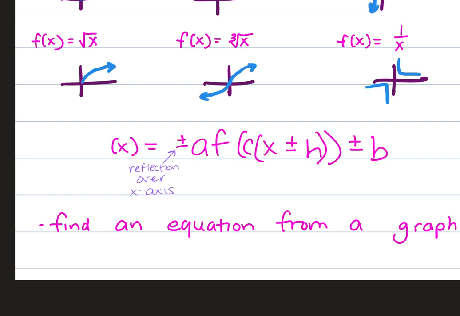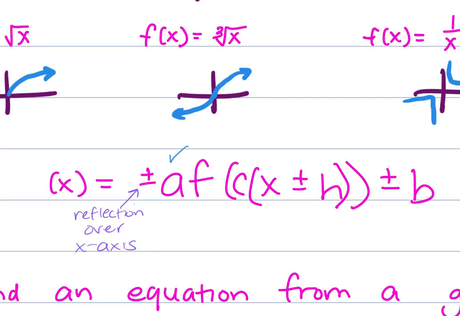The a, or the number that's being multiplied on the front, causes what? Good, a vertical dilation, because if it's bigger, it's a dilation. If it's greater than 1, then it's a stretch.